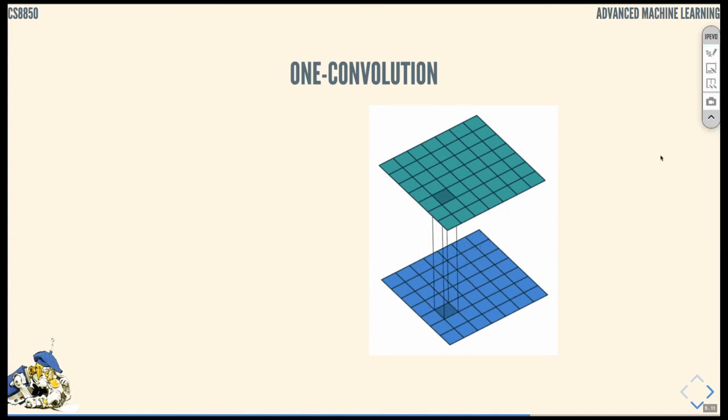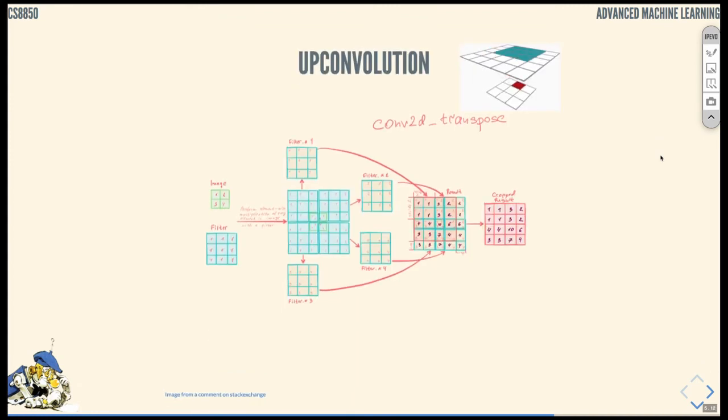The next building block is up convolution. Up convolution solves the following task, and you can see the animation here in this corner, while the same animation is laid out in the center of the screen. Imagine you have an image and you want to upsample it.